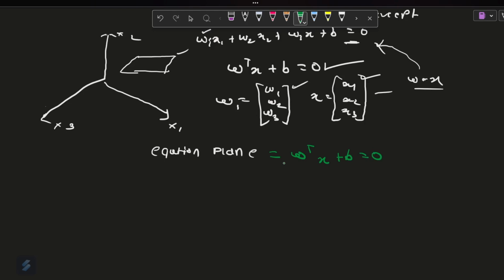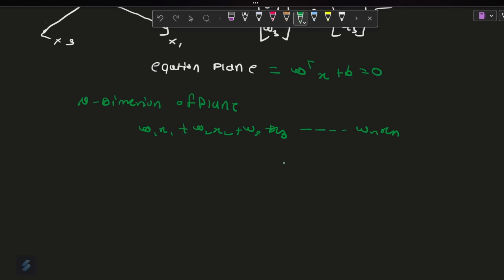And similarly, we talk about the n-dimensional plane. In that case, we have an equation something like w1 x1 plus w2 x2 plus w3 x3 and finally wn xn. This is an n-dimensional plane, and similarly we write w transpose x plus b is equal to 0.